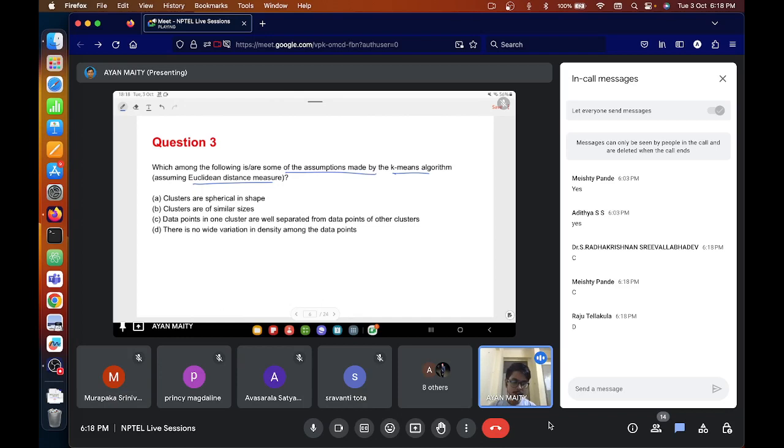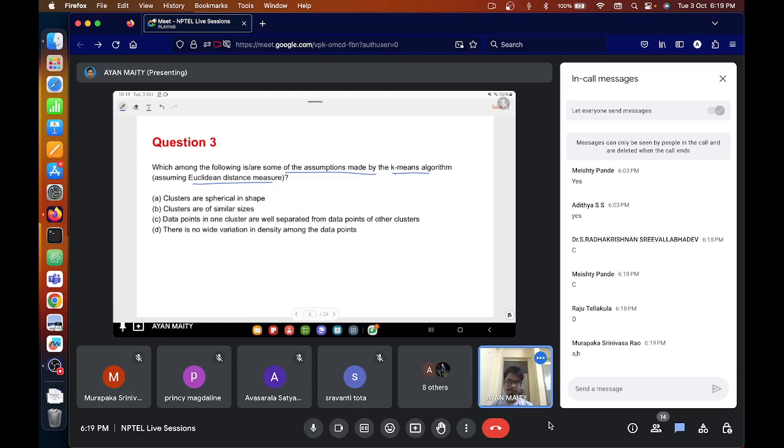Mishti Pandey says option C, and Raju Tellakula says option D. Murapaka Srinivasa Rao says option A and B.